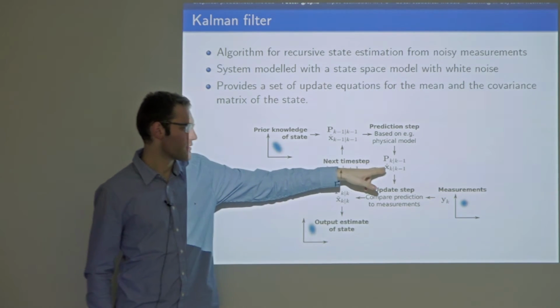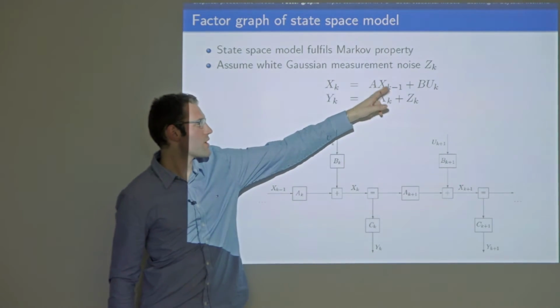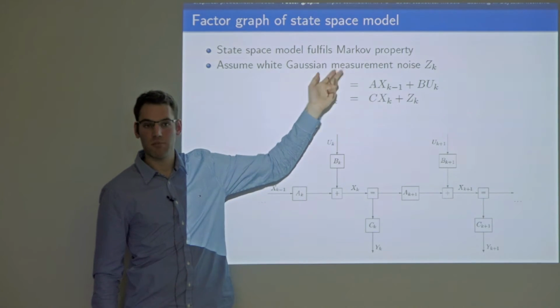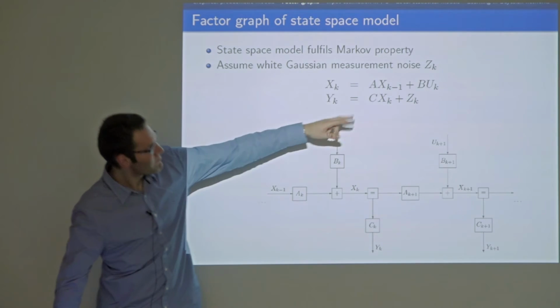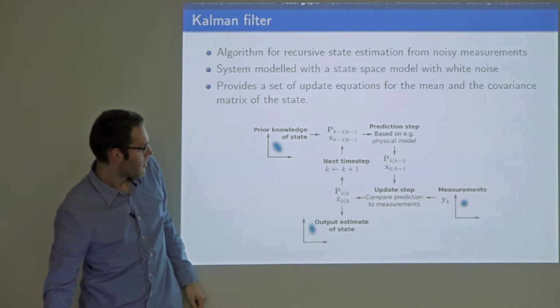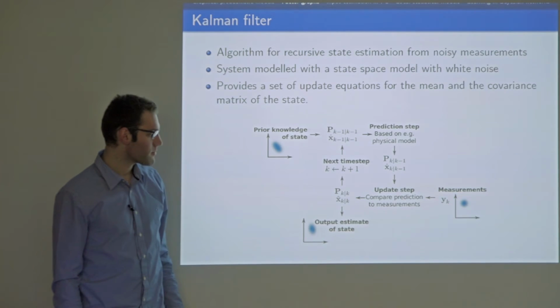To get this one, we use the model. If we have xk minus 1, we can just compute xk. So the mean propagates deterministically, and the variance does not, because of this factor here. But then we also have an update for the covariance matrix.